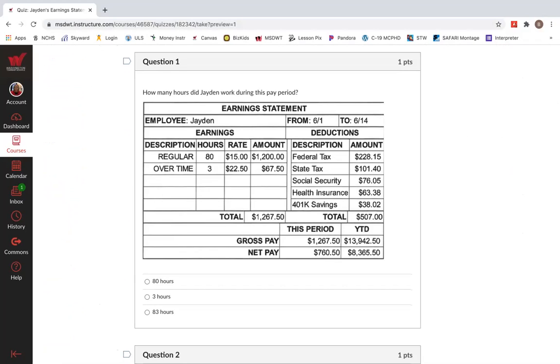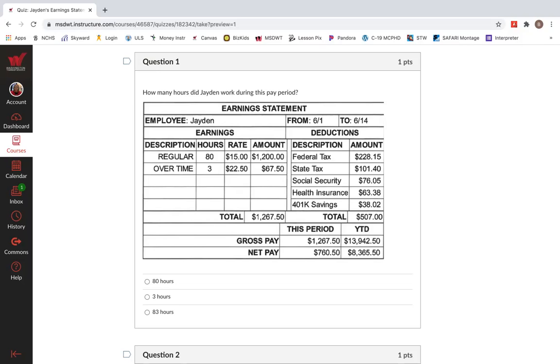It summarizes what earnings you're making, what deductions are coming out, and how much you're getting in your take-home pay. Your net pay, your take-home pay is the same thing.